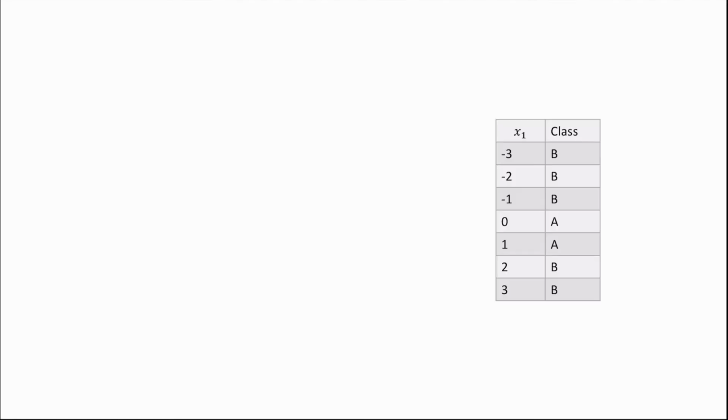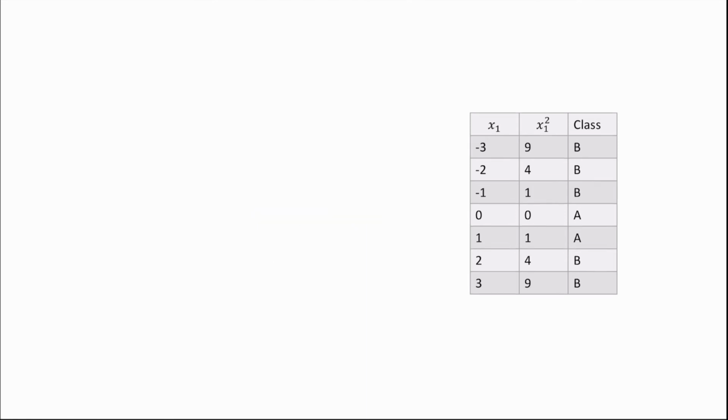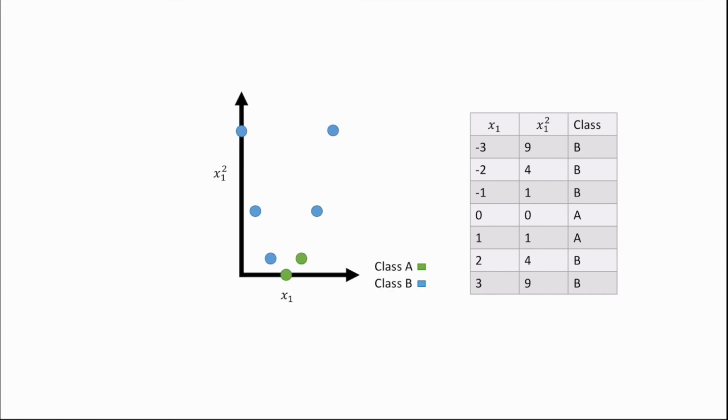To illustrate how this works, take a look at the following one-dimensional data. Here we cannot separate class A and class B with a single straight line. Using a polynomial kernel, we can project the data to a two-dimensional space where we square each point. So now we have this new axis here, x1 squared.